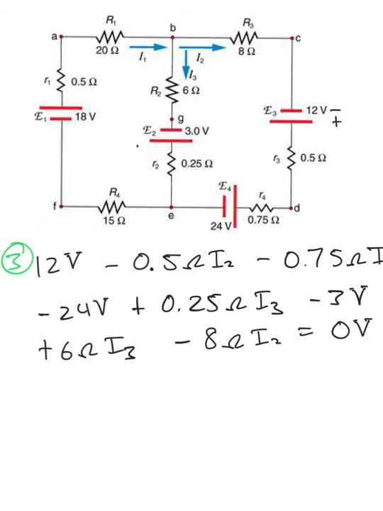Because we found that I1 was positive, I1 actually flows upwards out of the battery and then to the right here. This is the actual direction of I1.